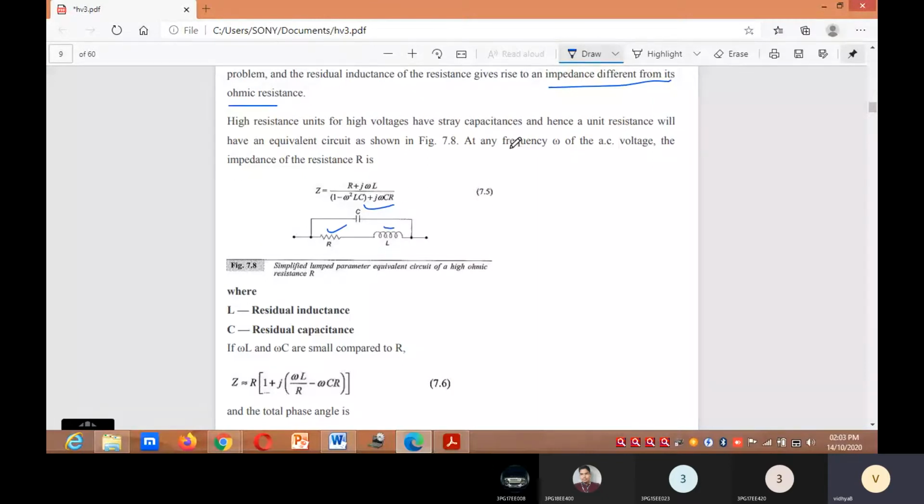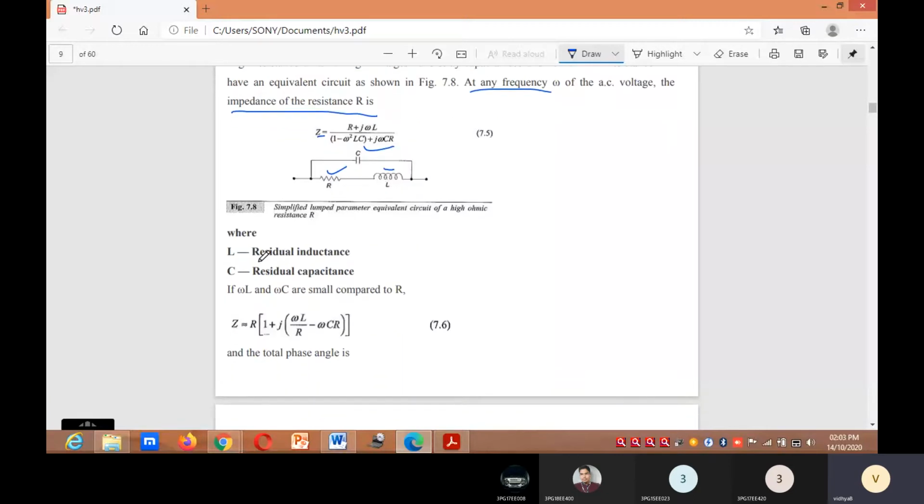At any frequency omega of the AC voltage, the impedance of the resistance is given by Z = (R + jωL) / (1 − ω²LC + jωCR), where L is the residual inductance and C is the residual capacitance.